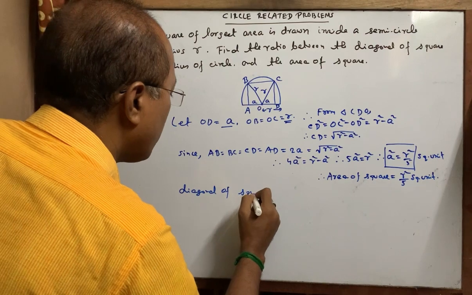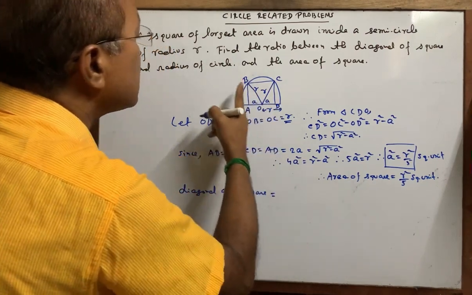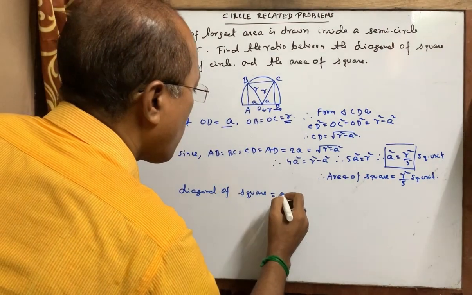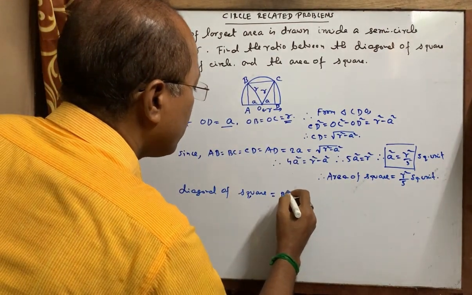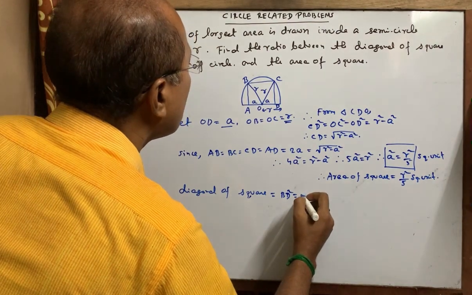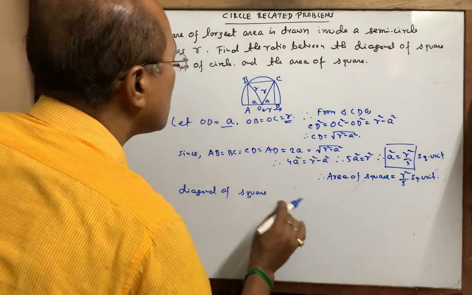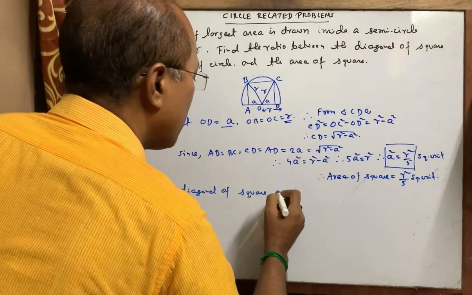Diagonal of the square is equal to side root 2. Okay.